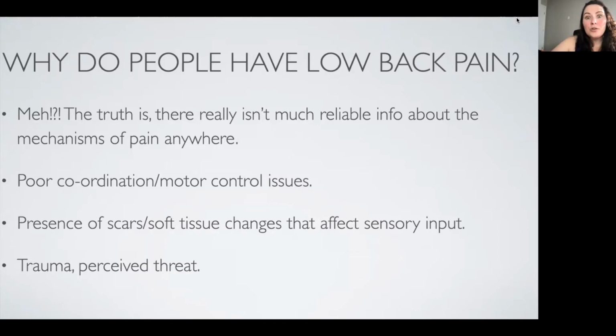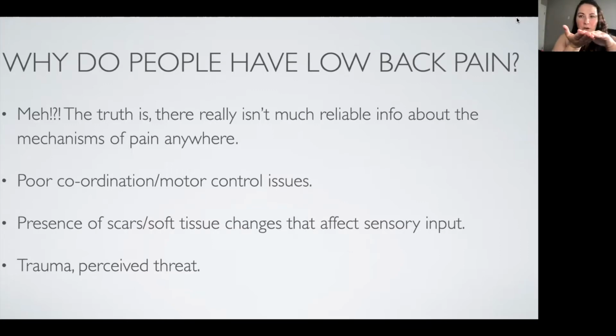Another theory is the presence of scar or soft tissue changes that affect sensory input. If there's scarring present anywhere, especially in the trunk, that scar tissue can impact some of those sensory nerves a little bit. And sensory nerves are kind of like a touch plate, right? Like in Olympic swimming, when you touch the touch plate and it marks that you're done. That's kind of what sensory receptors are like.